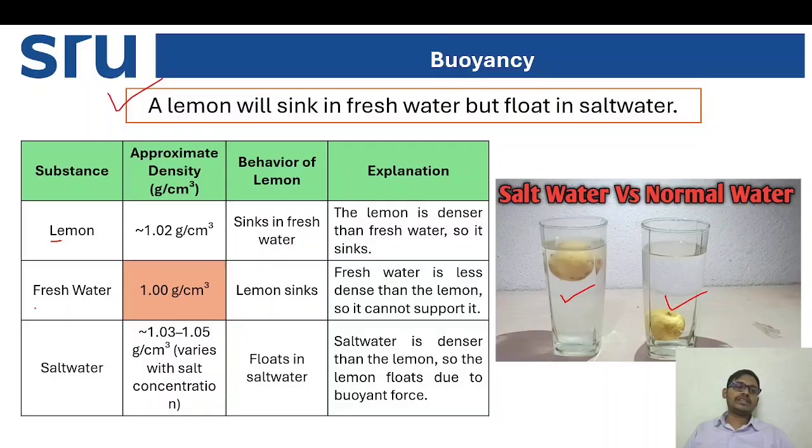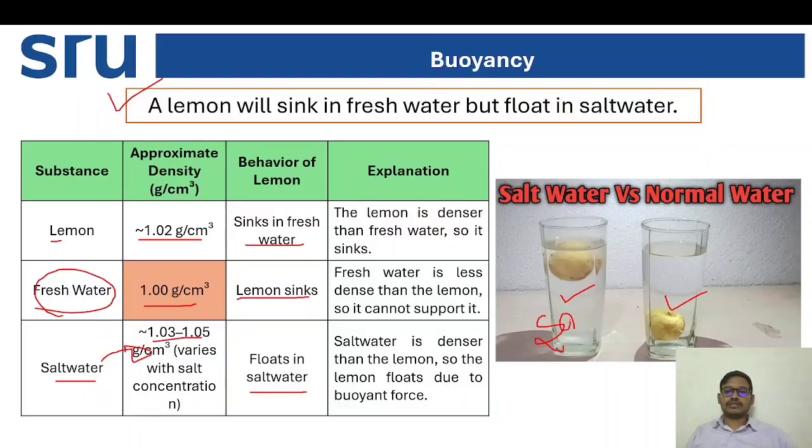Now see, imagine fresh water has a density of 1 gram per cubic centimeter and the lemon has 1.2. If you add salt, the density of the water will increase to 1.3 or 1.05. So the behavior: the lemon sinks in fresh water, but the lemon floats in salt water. That's what we can see.